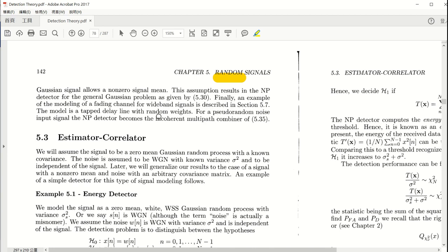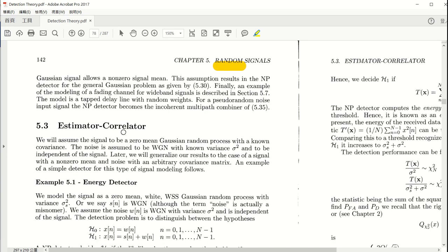Just change the signal from being deterministic to random. Then that's going from chapter 4 to chapter 5. But the difference is, what are we going to do with this random signal? When we have a random signal, what would the detector look like? That would be the question in this chapter.